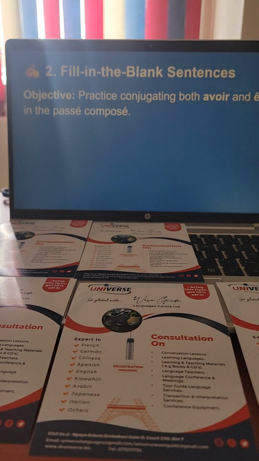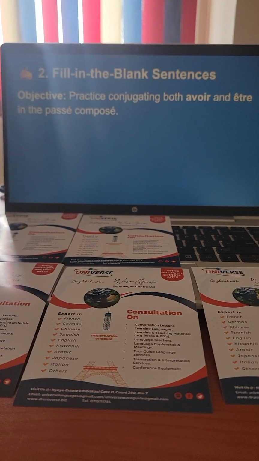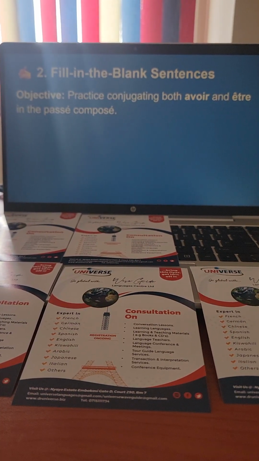So we are trying to fill in two things. The subject is given, so it's you to give us the auxiliary verb and the past participle. So the objective of this is to practice conjugating both avoir and être in the passé composé past tense.